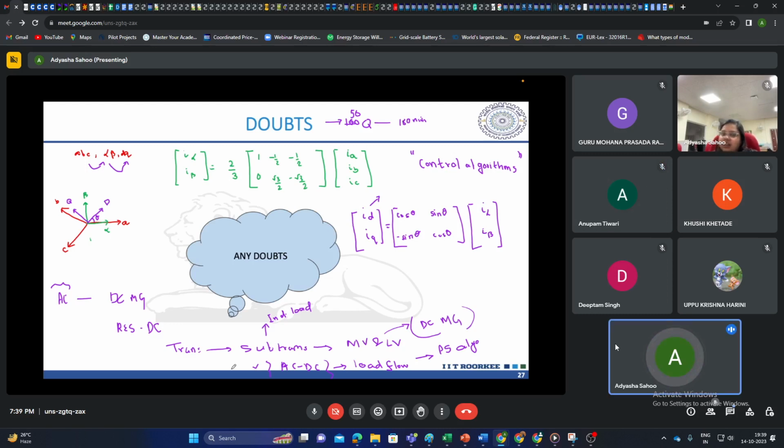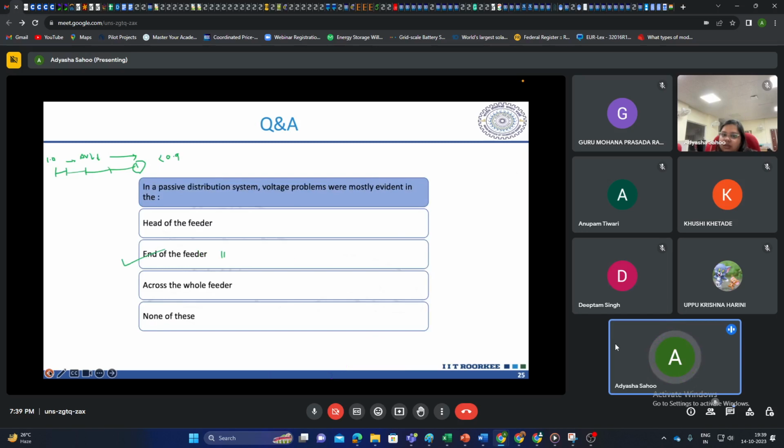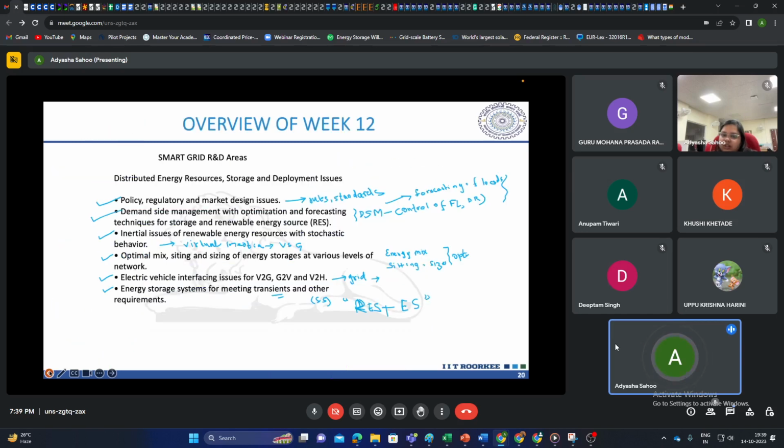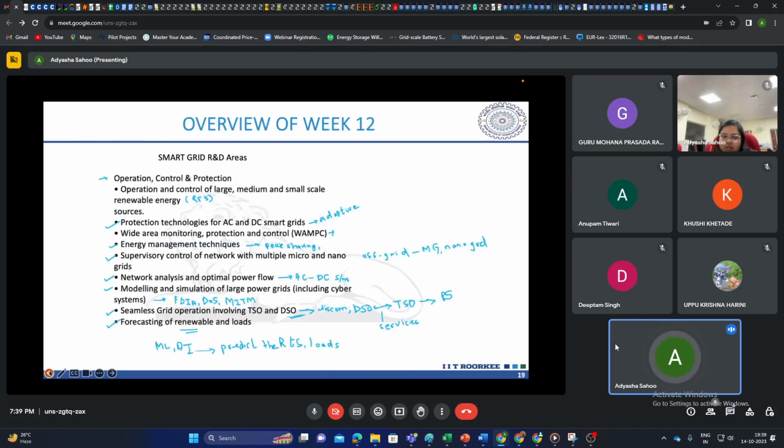So my area was on this optimization. If you remember, we were talking about this point here about seamless grid operation involving TSO and DSO. So my work is the coordination of both of these to derive the ancillary service between these two entities.